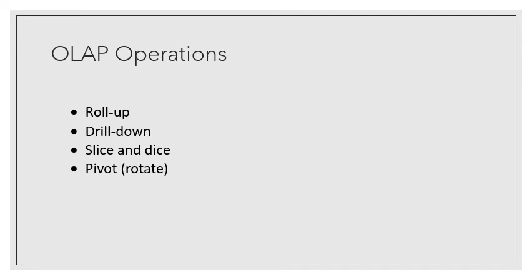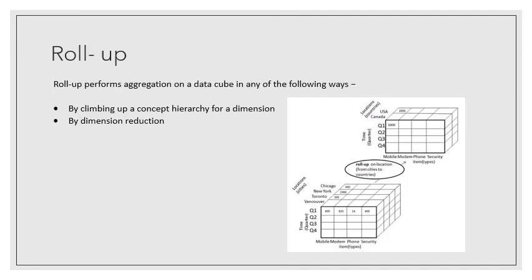First, let's see a roll up. A roll up performs aggregation on a data cube in any of the following ways: by climbing up a concept hierarchy for a dimension, or by dimension reduction. The diagram shows how a roll up works. Here, roll-up is performed by climbing up a concept hierarchy for the dimension location.